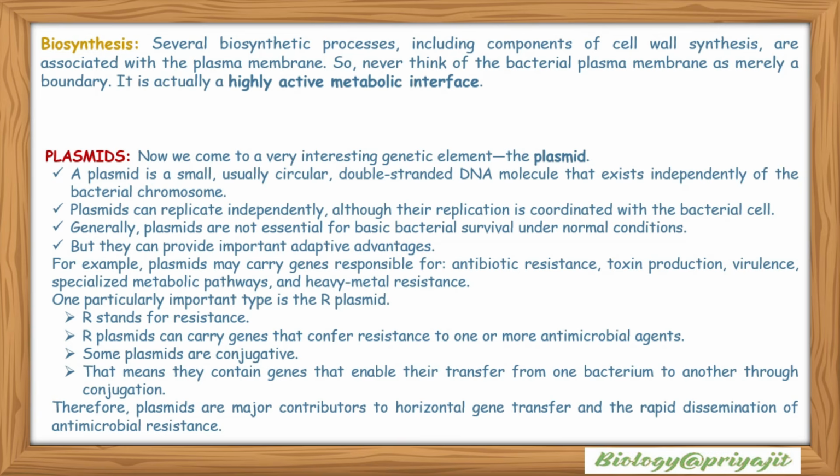One particularly important type is the R plasmid. R stands for resistance. R plasmids can carry genes that confer resistance to one or more antimicrobial agents. Some plasmids are conjugative. That means they contain genes that enable their transfer from one bacterium to another through conjugation. Therefore, plasmids are major contributors to horizontal gene transfer and the rapid dissemination of antimicrobial resistance.